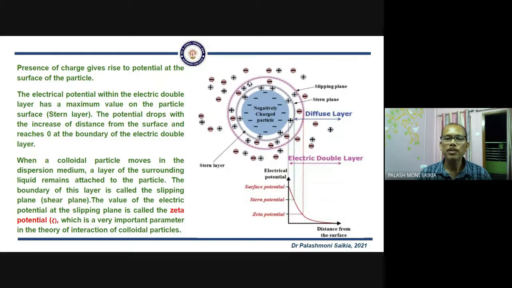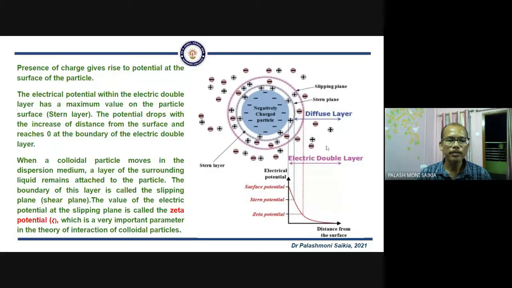And after the Stern layer, we have this diffuse layer, which is called the Gouy layer. So the diffuse layer and the Stern layer together will be the EDL.